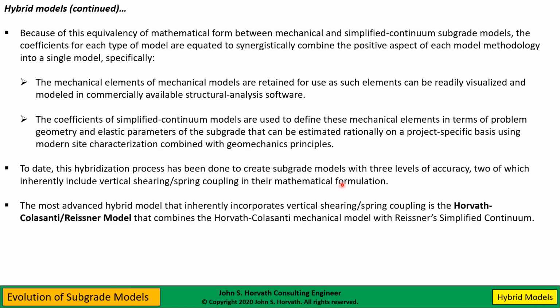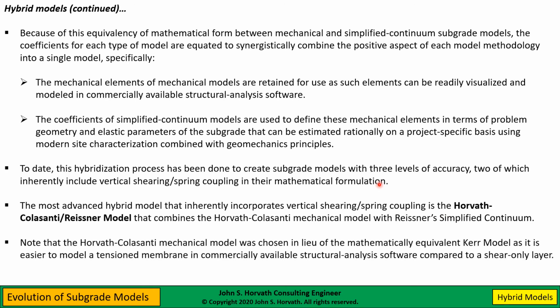The most advanced of these hybrid models I call the Horvath-Colasanti Reissner model, which combines the mechanical model that I developed with Reissner-Colasanti along with a Reissner simplified continuum. The reason Reissner-Colasanti and I developed our mechanical models is we found that a tension membrane was far easier to program into commercial software than a shear-only layer, such as in the Kerr model.